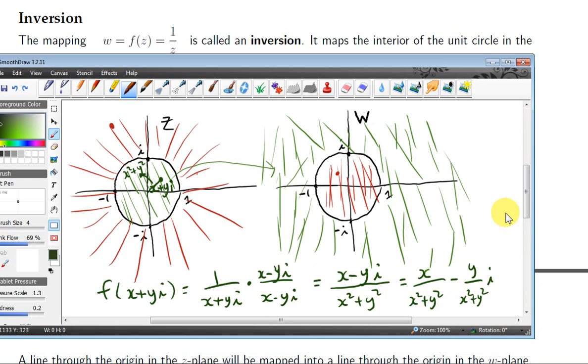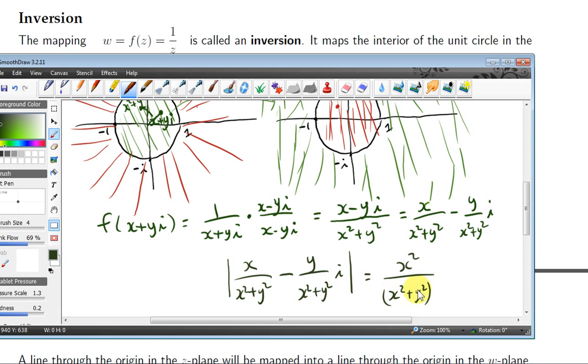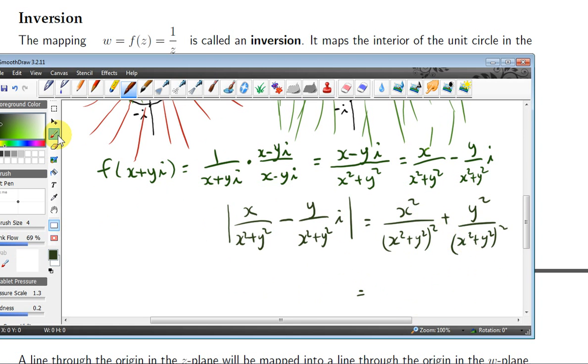Now let's look at the modulus of this quantity here. Well, we just square the real and imaginary parts. Now we have this common denominator here, so we have this here, and we can cancel one of these, so we get 1 over x squared plus y squared.